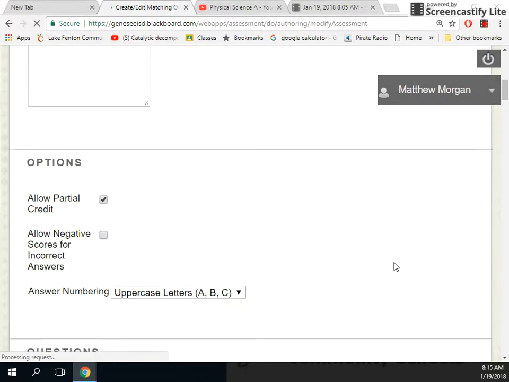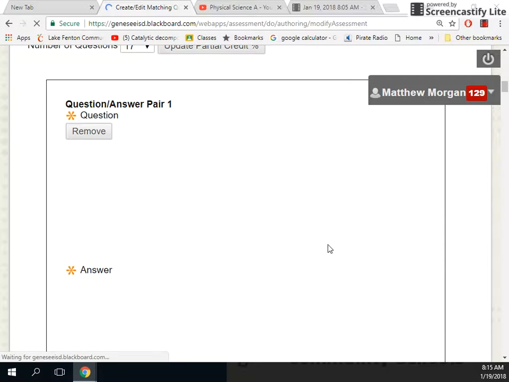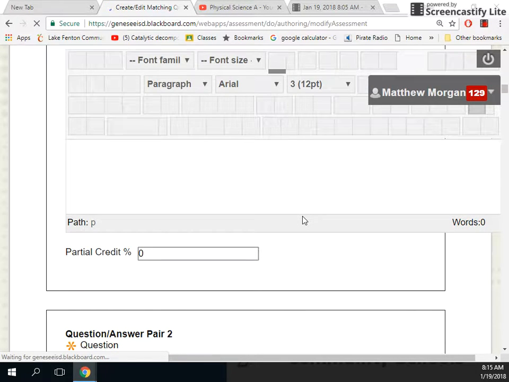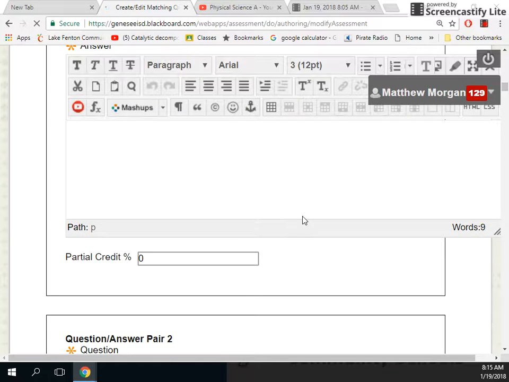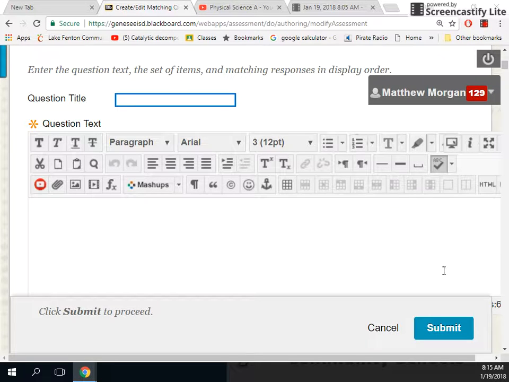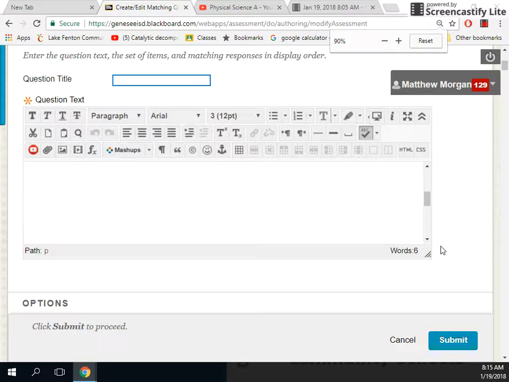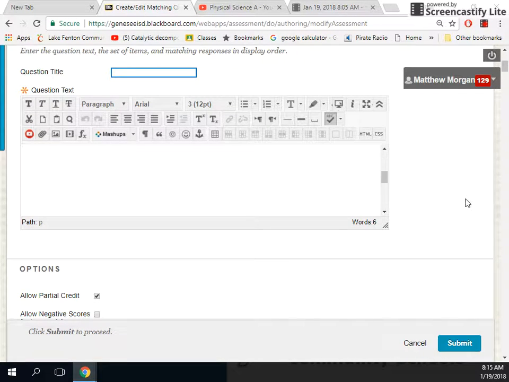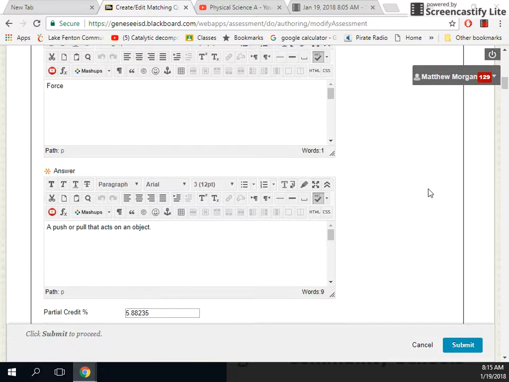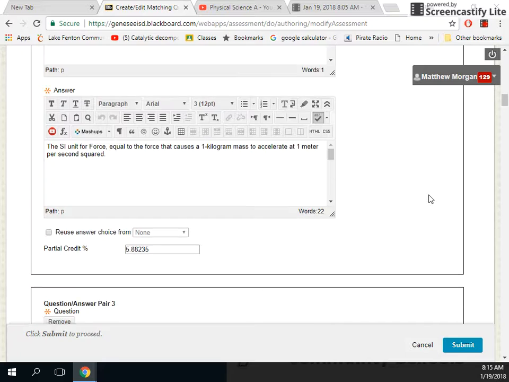Okay, so this is how it's set up. Force, that definition is going to be on there. Push or pull, a Newton, that should be on there.